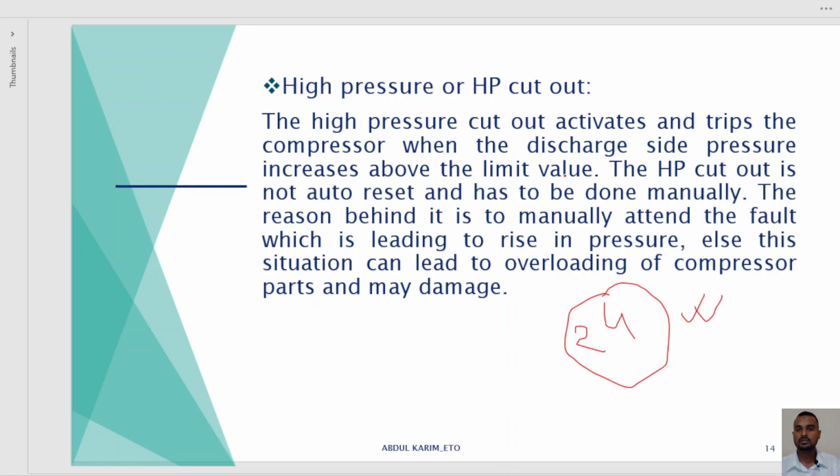The high pressure cutout is not auto reset, it has to be reset manually. The reason behind it is to manually attend to the fault which is leading to the rise in pressure, else this situation can lead to overloading of compressor parts and may cause damage.